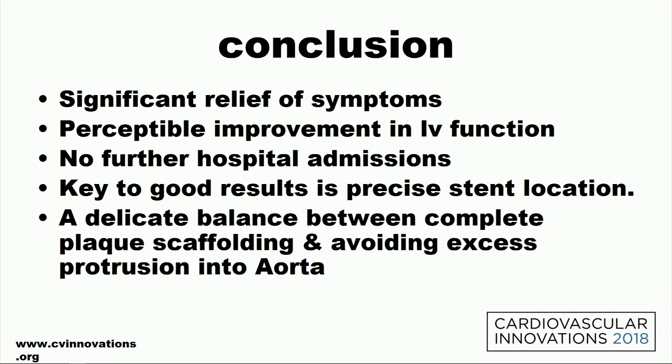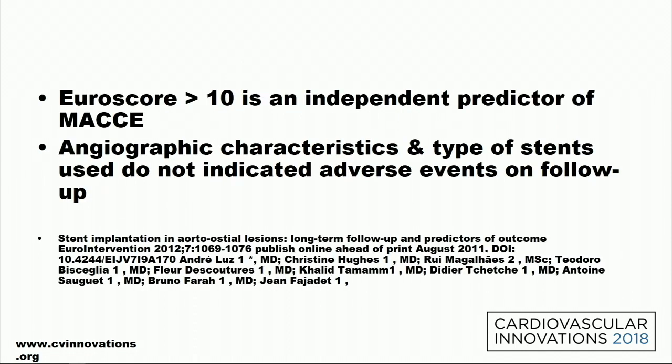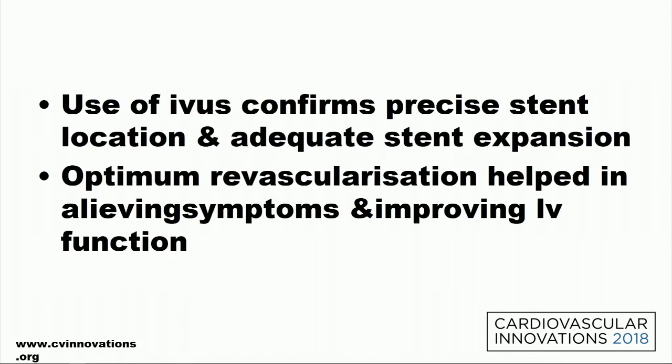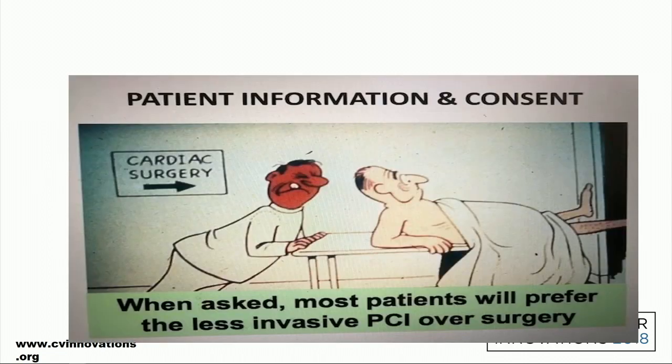The key to a good result is precise stent location and a delicate balance between complete plaque scaffolding and avoiding excess protrusion into the aorta. A EuroSCORE above 10 is an independent predictor of MACE; this patient had a EuroSCORE of 2.5. IVUS confirmed precise stent location and adequate stent expansion. And when asked, most patients will prefer PCI over surgery.